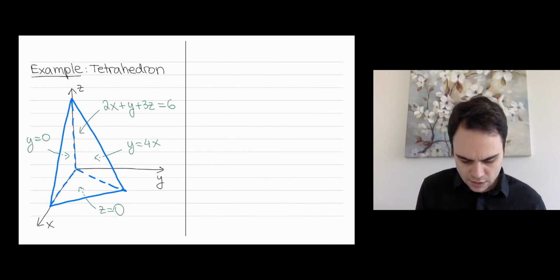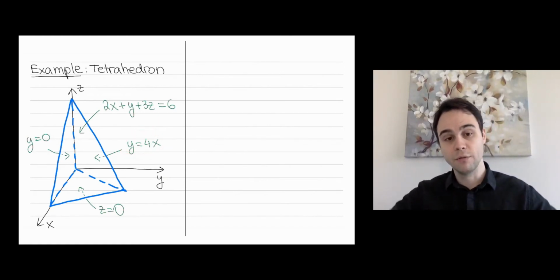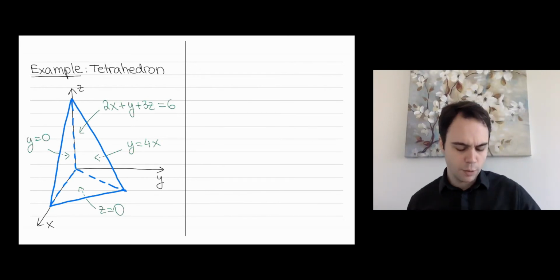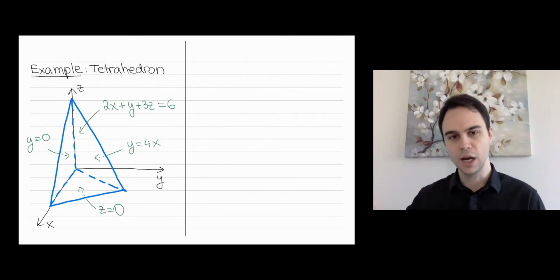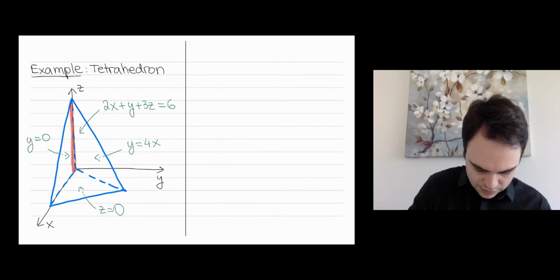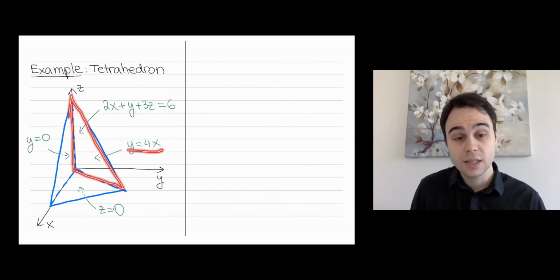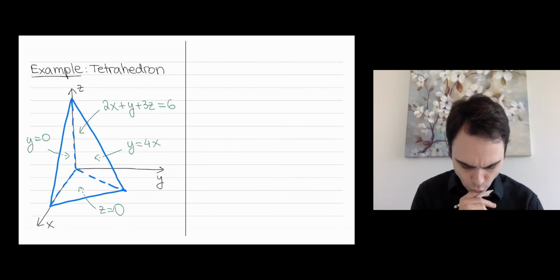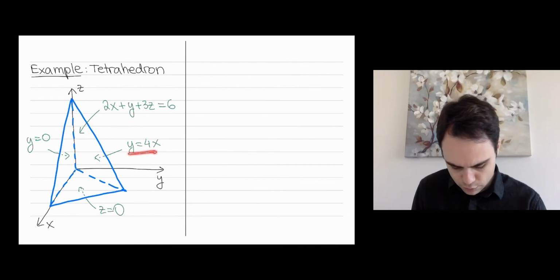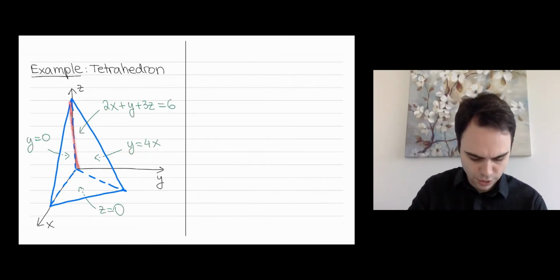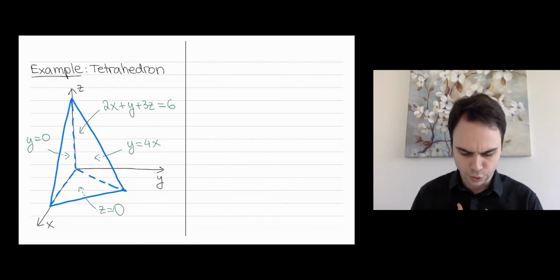Since z doesn't figure in this equation, I get a vertical shape. So it's a vertical plane that cuts the xy plane along the familiar line y equals 4x. Because this equation does not involve z, the corresponding triangular face lives in a vertical plane. I hope you are convinced that y equals 4x describes a vertical triangle like the one I drew here.